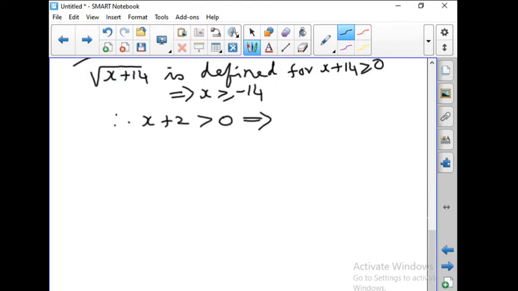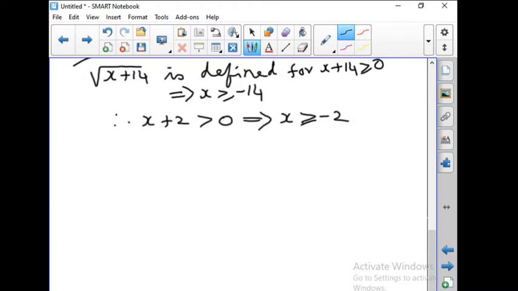So, from this we get x is greater than -2. Greater than or equal to -2 also we can have, because it can be 0. Okay, it can be 0, therefore we can take greater than or equal to also.